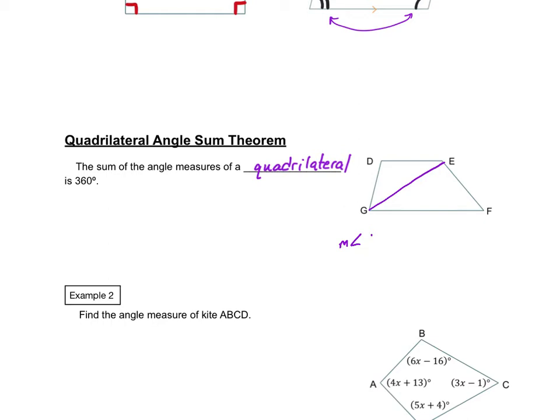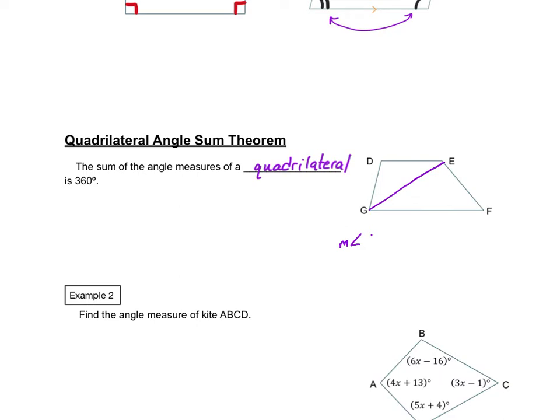I know that the measurements of G, E, and F would also equal 180 degrees. So thinking about it, the internal angles here, 180, the internal angles here, 180, and we could combine those and find out that it was going to be 360.